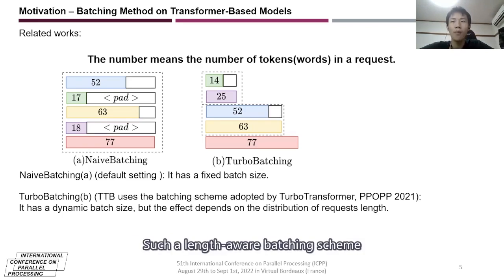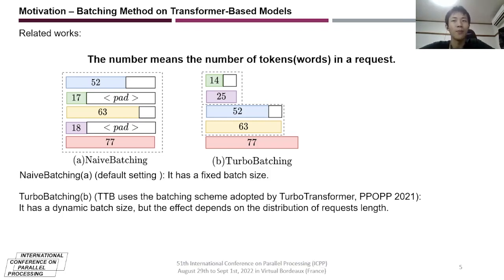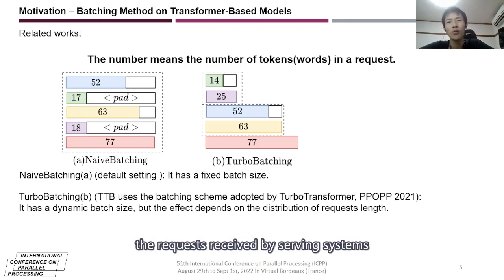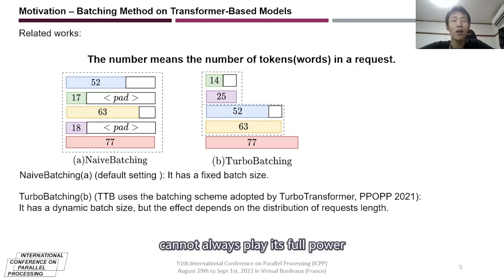Such a length-aware batch scheme can significantly reduce padding zeros, only if it is fed by a sufficient number of requests with similar length. However, the requests received by the serving system could be of quite different lengths, which makes the length-aware batching scheme unable to always play its full power.